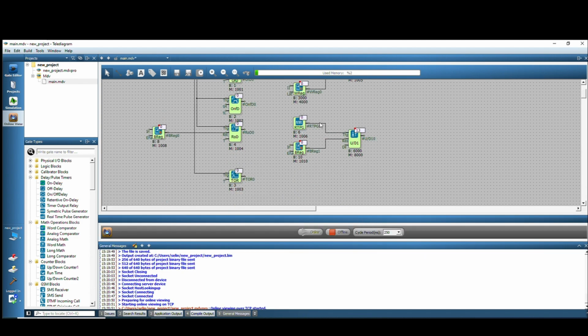The real-time pulse generator will generate a pulse every 3 seconds. You can connect the trigger unit entered in Modbus communications to the real-time pulse generator or symmetric pulse generator if you want to perform regular data.